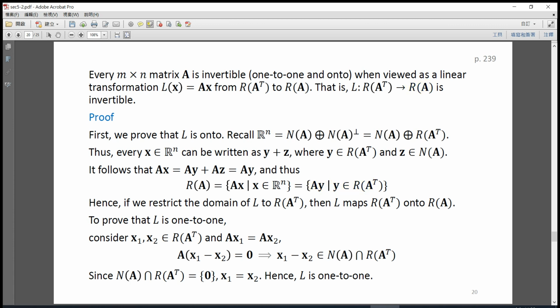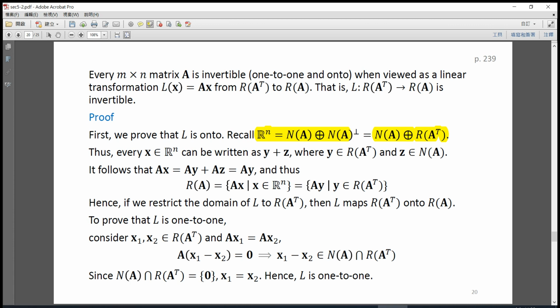Recall that Rn is the direct sum of the null space of A and the perp of the null space of A. By the Fundamental Subspaces Theorem, the perp of the null space of A equals the column space of A transpose, and hence Rn is the direct sum of the null space of A and the column space of A transpose.